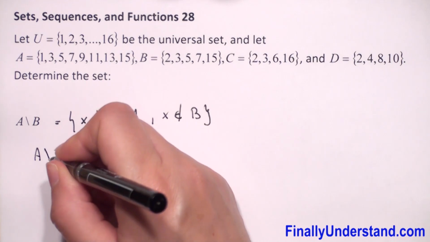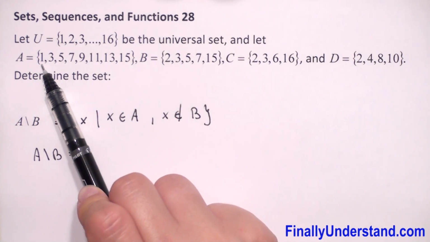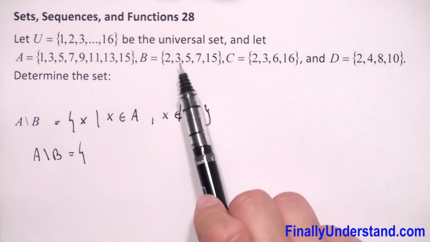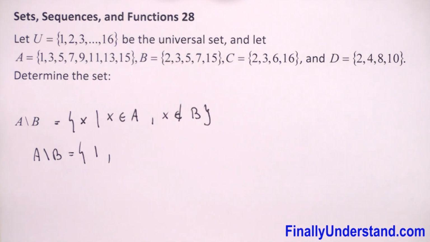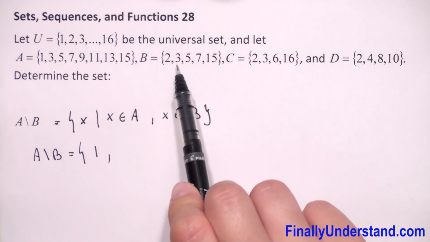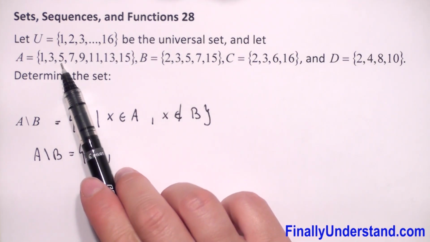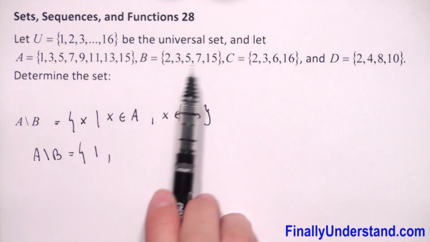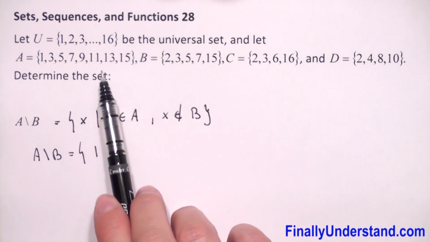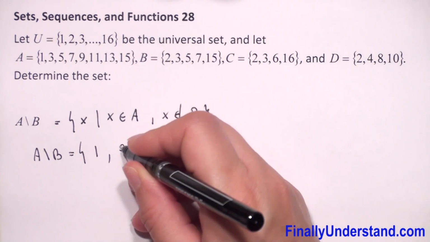We have A minus B is equal, and let's see, we have 1 in set A and we don't have 1 in set B, so 1 will be in our difference of sets A and B. Next we have 3. 3 we have in set B, so we cannot put 3 here. Next we have 5. 5 is in set B, so again we cannot put 5. 7, so we cannot put 7. And next we have 9. We don't have 9 in set B, so we have 9.